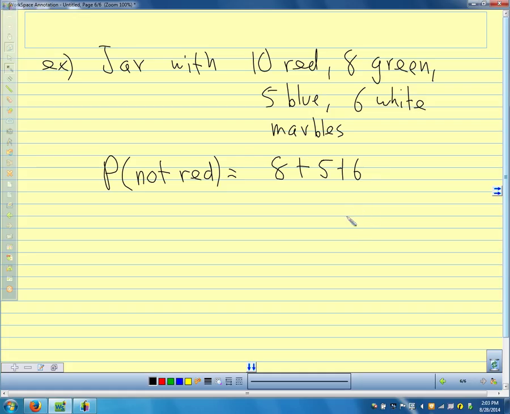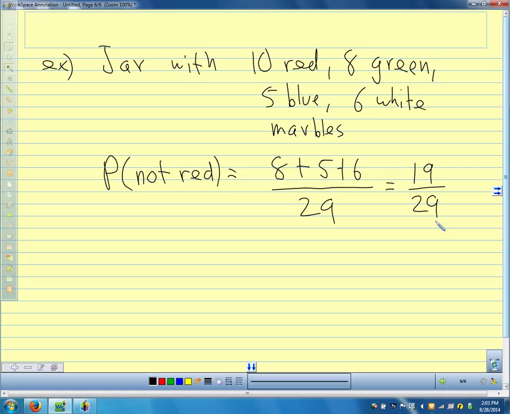And how many total do we have? 29. This is our favorable. Those are the ones that are not red, and that's the total number of marbles we could pick from. So the probability of not picking a red is 19 out of 29.